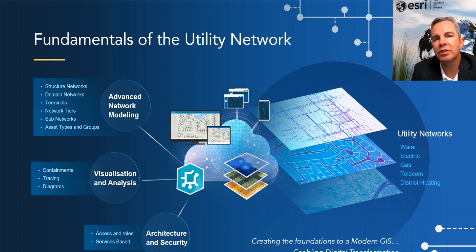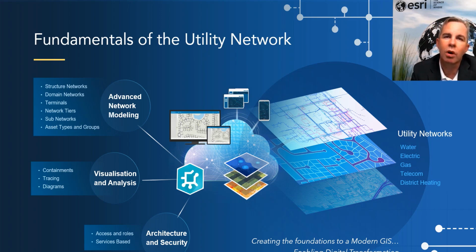One of the most transformational technologies to be released in recent years is the ArcGIS Utility Network. This is the next generation modern asset management solution, which is purposely built to take utilities forward on their digital transformation journeys. There are three main components. It has the most advanced network modeling on the market. This information model is robust and it's highly configurable.